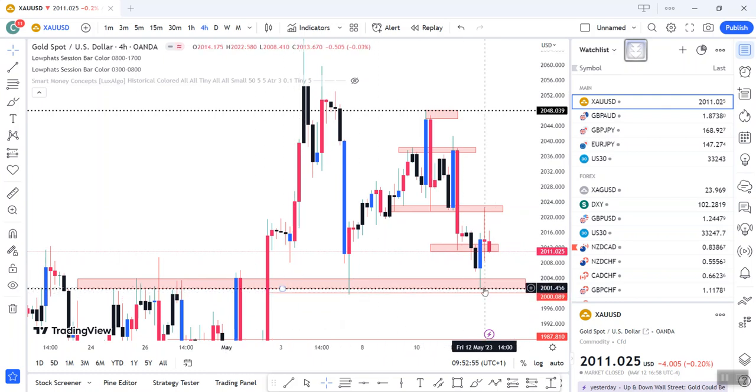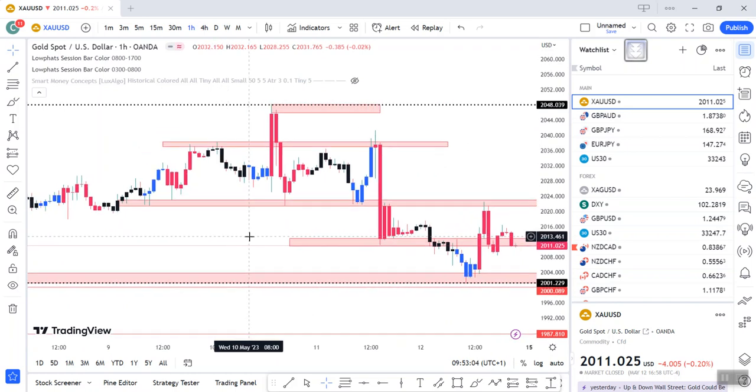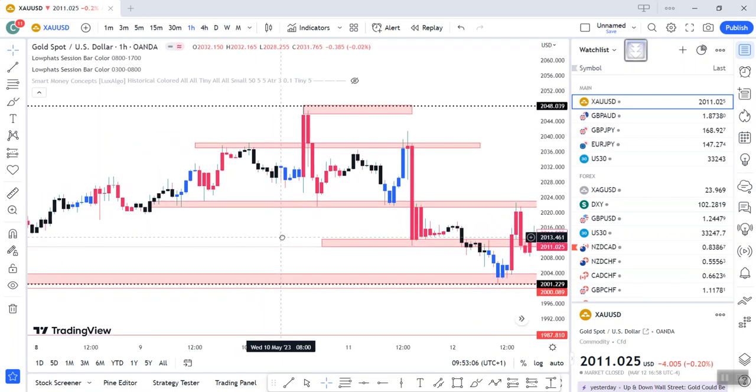But if we go down to a lower time frame of 1 hour, you see that other zones have always respected their own zones too.